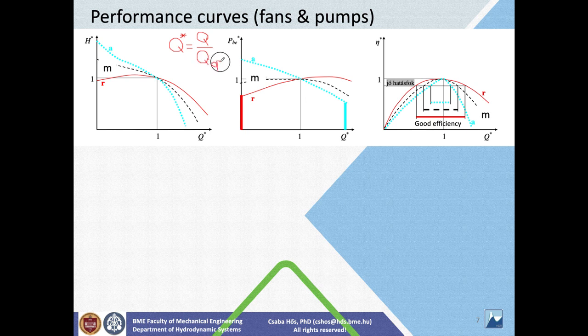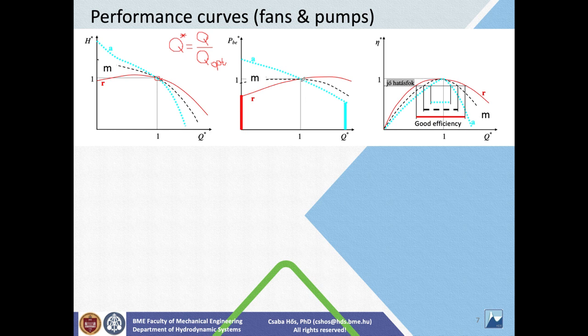So what happens is that you take either the flow rate or the head or the power or the efficiency. You take the best efficiency point and then you divide it. Which means that no matter what your machine's performance curve actually looks like, it will pass through the 1, 1 point. So this point.